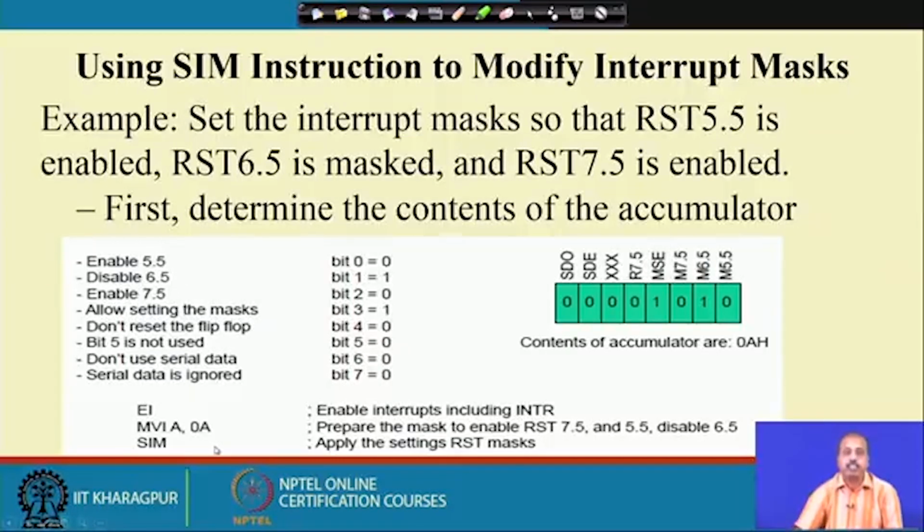It will set the accumulator to the proper pattern that we want, and then we execute the SIM instruction. When the SIM instruction is executed, this particular bit pattern will set the appropriate flip flops and masks, and the desired functionality will be achieved, that is, 5.5 and 7.5 will be enabled and 6.5 will be masked off.